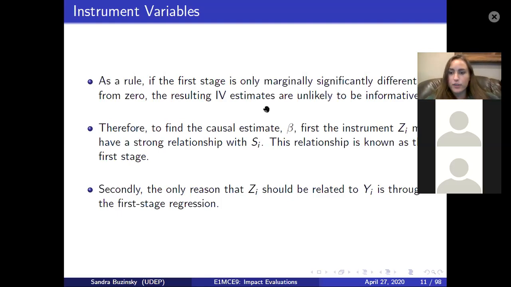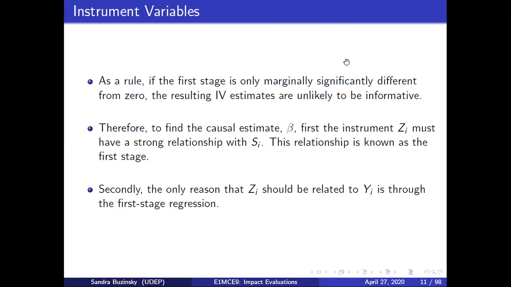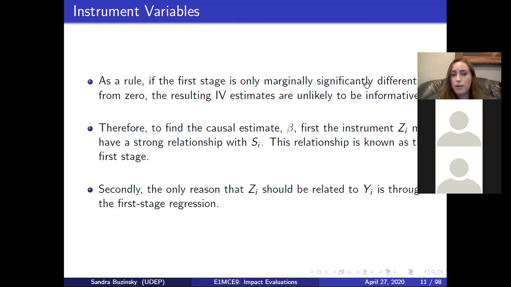And so I think Vadim Marmer is going to come to you guys and talk a bit more about weak first stages, but they're really not good for an IV because they're not going to be informative. So therefore, if we want to find a causal estimate, which is beta, first the instrument Zi must have a strong relationship with Si. And so yeah, that relationship between Zi and Si is called the first stage.